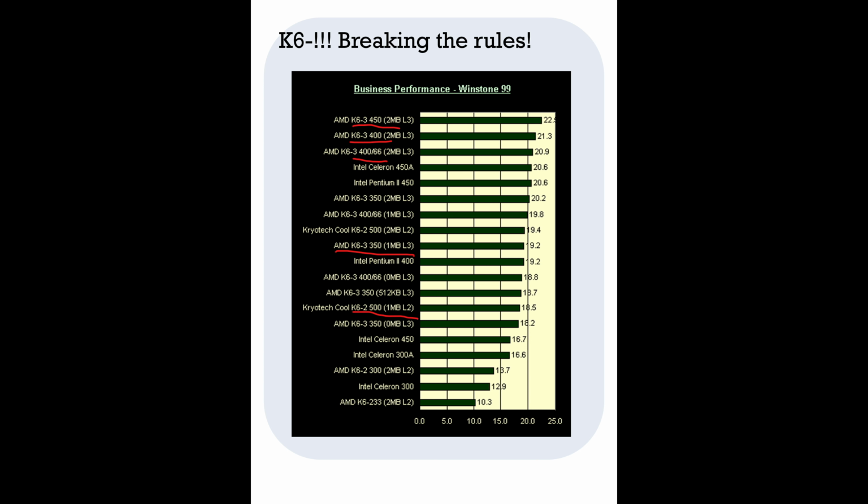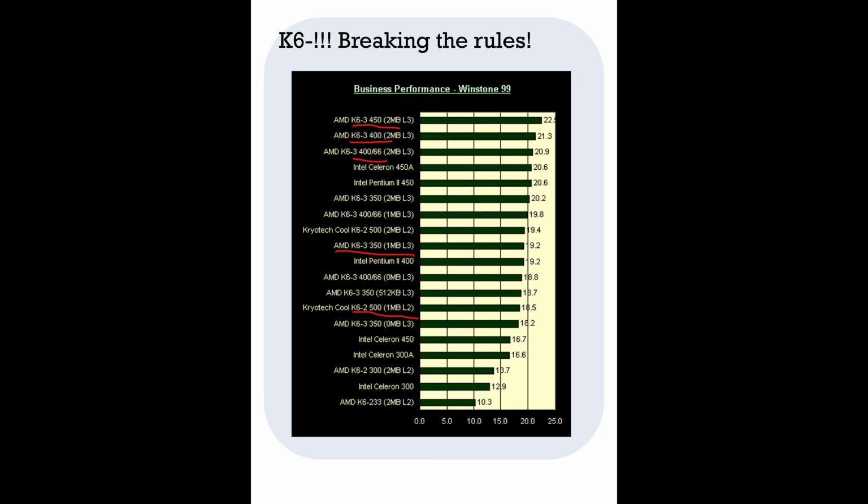And you'll see that at least in business applications, it would crush everything. So you'll see that the K6-3, which had the same architecture but the cache in the CPU, at 350 megahertz would behave the same as a 500 megahertz one.